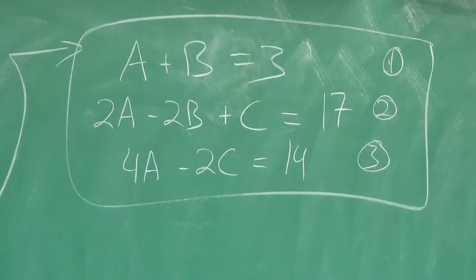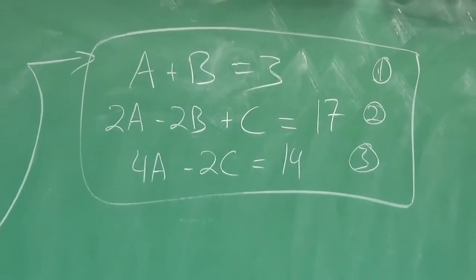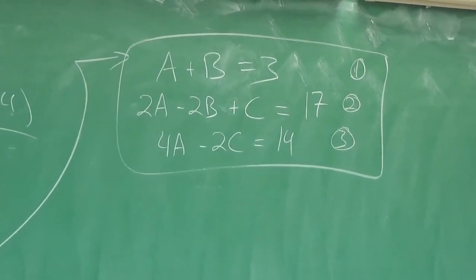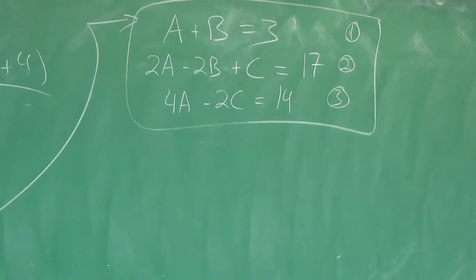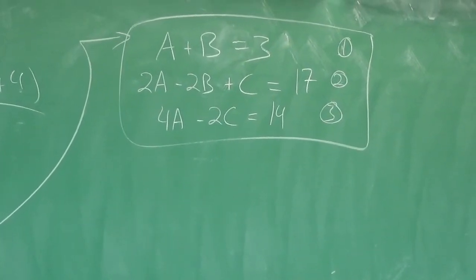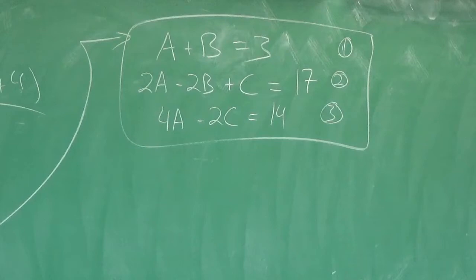So let's see, we've got an a and a b and c, and an a and a c, so it's not as easy as the last one. But remember, our first step for these is that we choose 2 equations and eliminate one of the variables. Is anything easier than anything else? If we choose 1 and 3 and eliminate the a's, we'll have another equation in b and c, but that's no good.